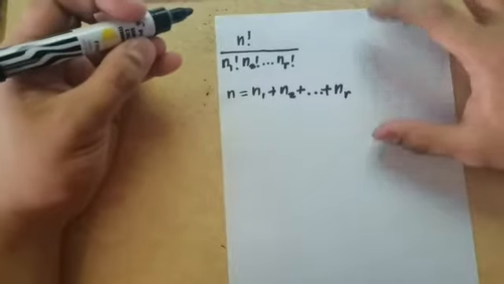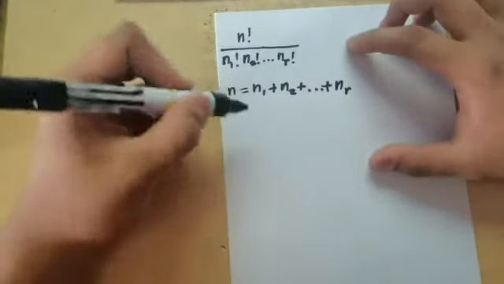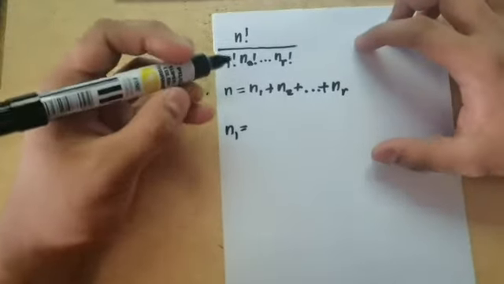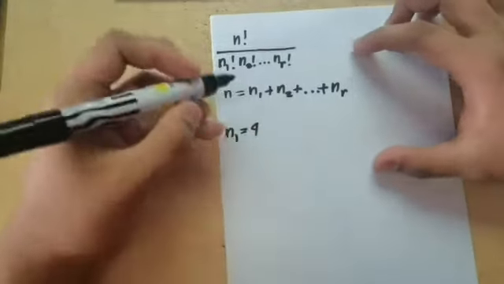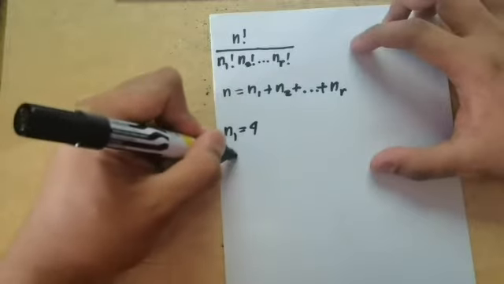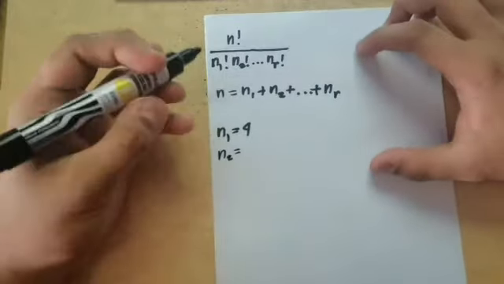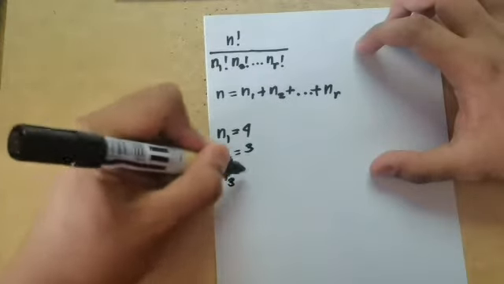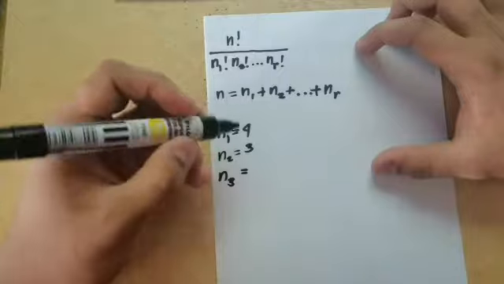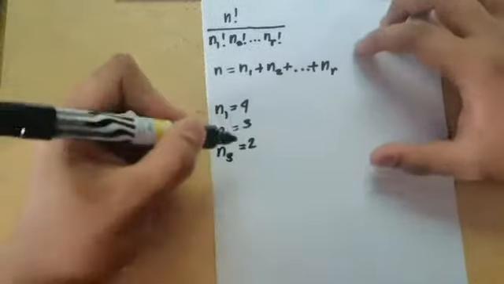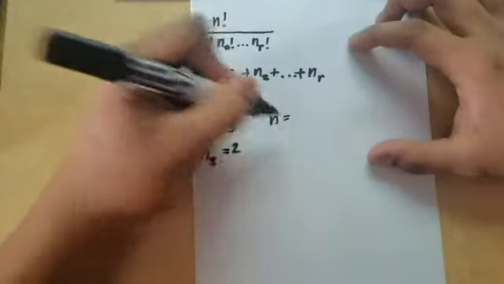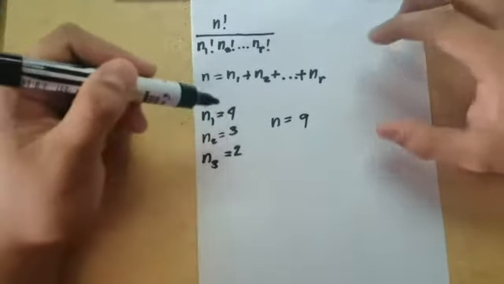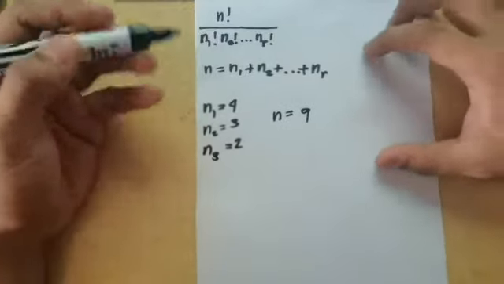So in the problem, n1 will be 4 because it means 4 thick lines. n2 will be 3 and n3 will be 2, where n is equal to 9, because when you add 4, 3 and 2, it sums up to 9.